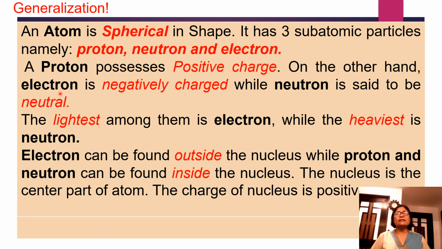And the lightest among them is electron, while the heaviest is neutron. So electron can be found outside the nucleus, while proton and neutron can be found inside the nucleus. The nucleus is the center part of the atom, and the charge of the nucleus is positive.